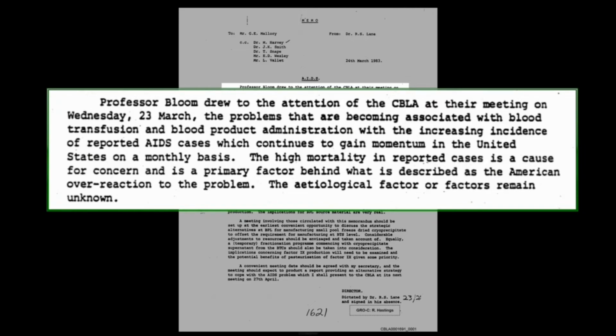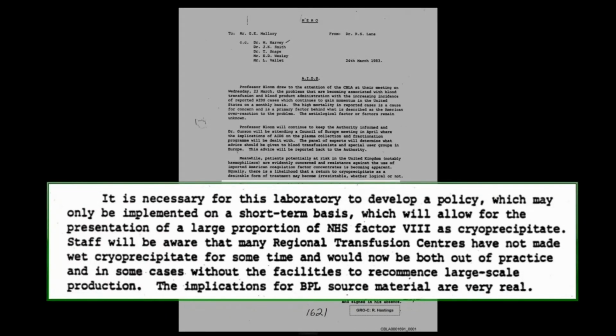If we go a little further down the document to the fourth paragraph, Dr. Lane describes what Professor Bloom and Gunson have been doing and refers to patients at risk in the United Kingdom, notably people with haemophilia. He then goes on to say this: it is necessary for this laboratory to develop a policy which may only be implemented on a short-term basis, which will allow for the preservation of a large proportion of NHS factor VIII as cryoprecipitate.